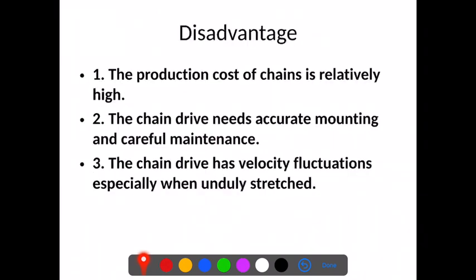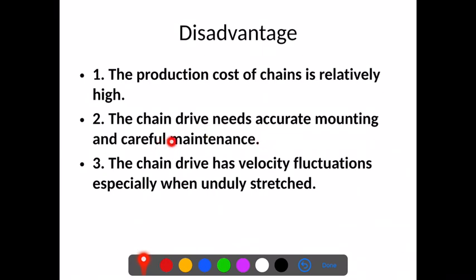What are the limitations? The production cost of the chain is relatively high, because we need some sophisticated machines for producing this. Then chain drive needs accurate mounting and careful maintenance, that is, the sprocket and the length of the chain must be accurately maintained, otherwise the chain may run off the sprocket.